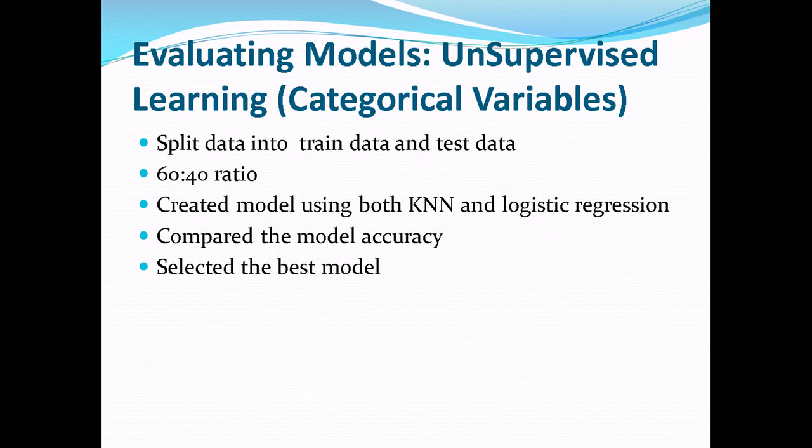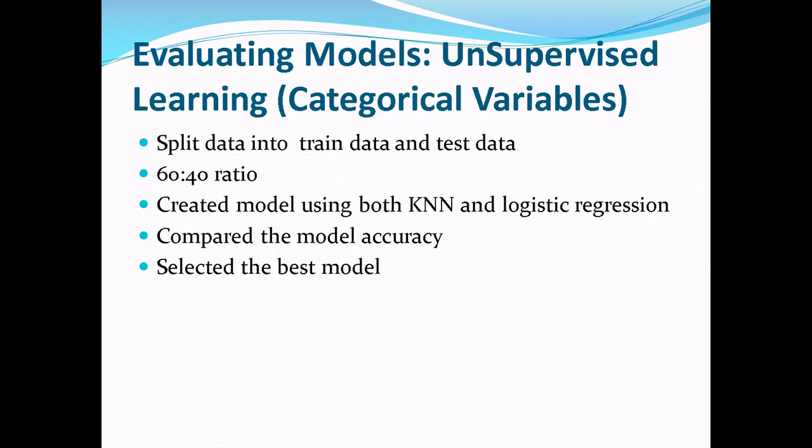So let's start with the next evaluation model. We have evaluated the model using both unsupervised and supervised learning. So let's discuss the unsupervised learning with a categorical variable first. In this approach, we split the data into a training dataset and a test dataset.